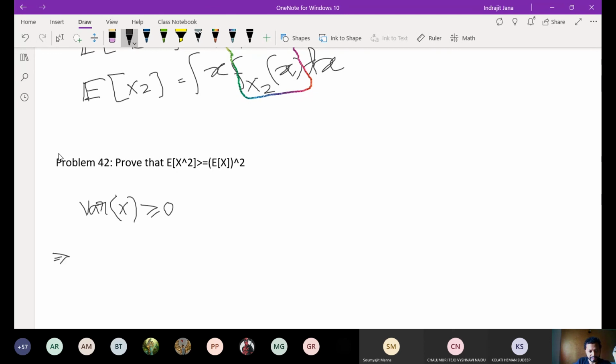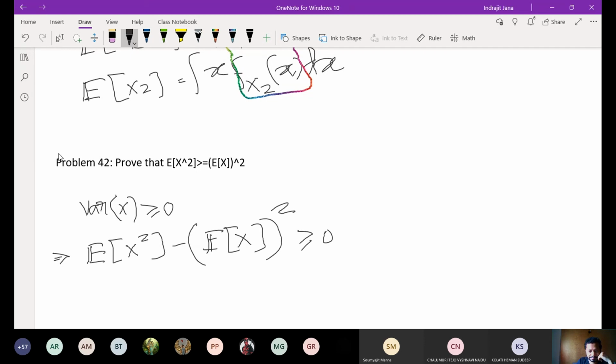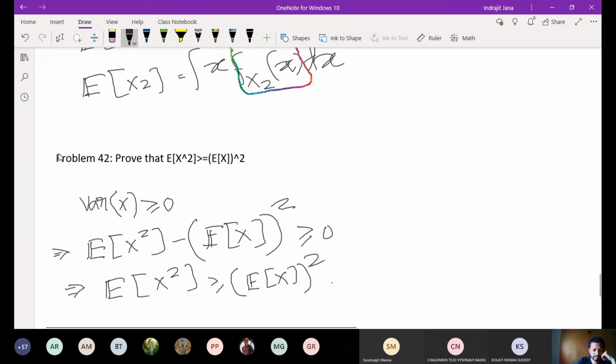The definition of variance is expectation of x square minus expectation of x whole square, and that is always non-negative. That's the answer, which implies that expectation of x square is bigger than or equal to expectation of x whole square. Okay, that's it.